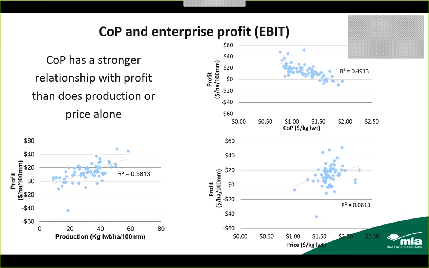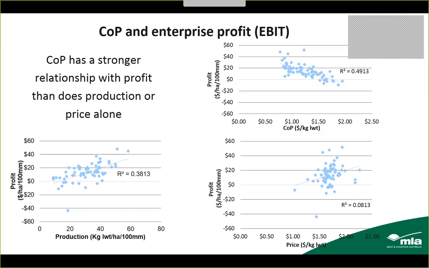So the next relationship, which is on the top right, now it's not perfect. This is the relationship between cost of production and profit. It's not perfect, but the level of variation that you see in profit at any one cost of production is far lower than the two preceding graphs.